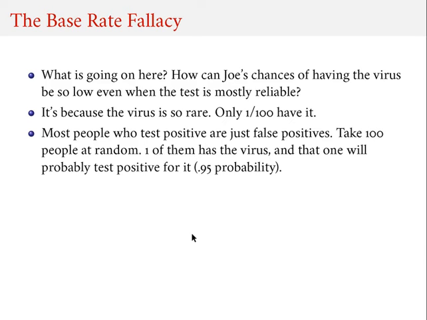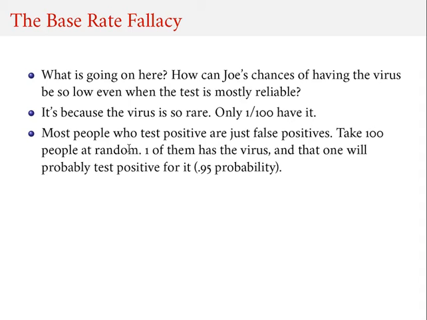So I want you to imagine taking 100 people at random from this population in question. Because only 1% of the population have the virus, only one of these 100 people that we've sampled will in fact have the virus. Now I want you to imagine that we apply the test to all 100 of them.